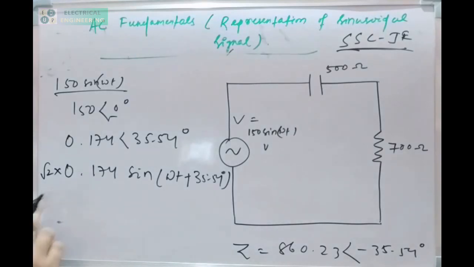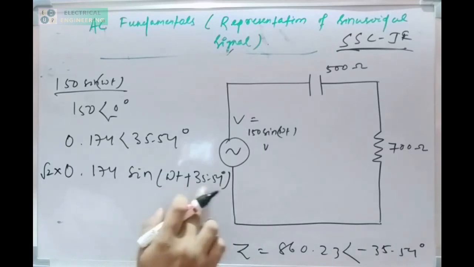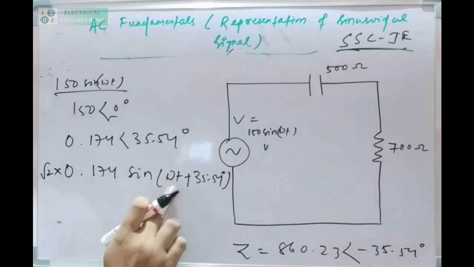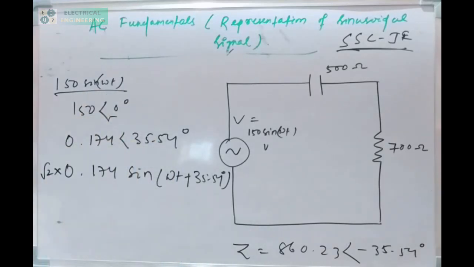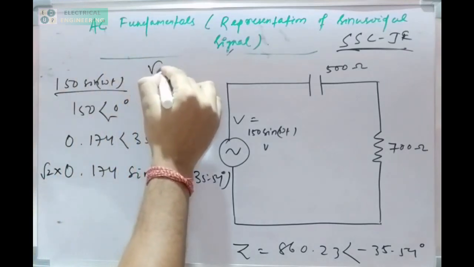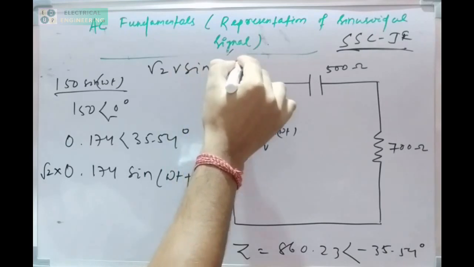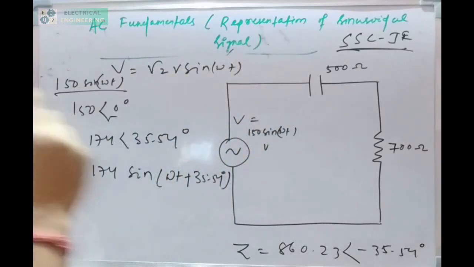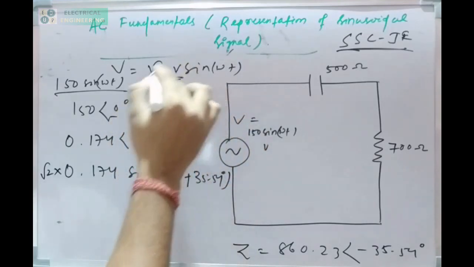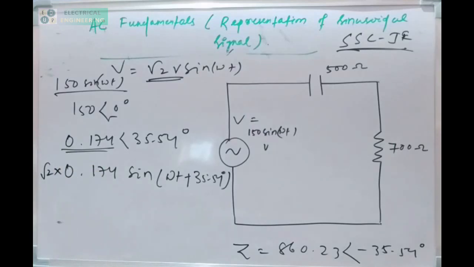But the answer is root 2 into 0.174 sine omega t plus 35.54 degree, because the phase difference is 35.54 degree and the base value is omega t, which we take as 0 degree, and here we put the peak value. Already I have told you, root 2 V sine omega t is the sinusoidal form. If you write in sinusoidal form, it will be root 2 V, so V is the RMS here. 0.174 is the RMS, but we have to multiply by root 2 to make it a peak value. Okay, so option D will be correct.